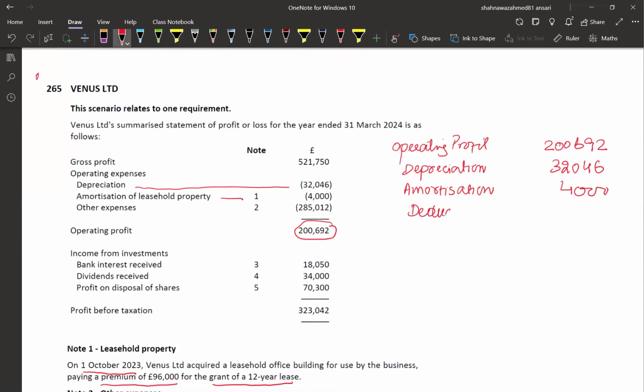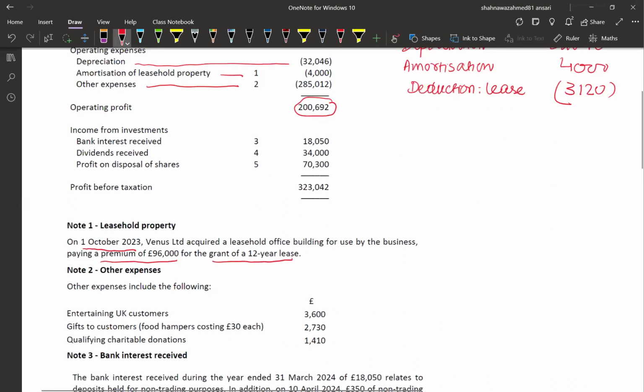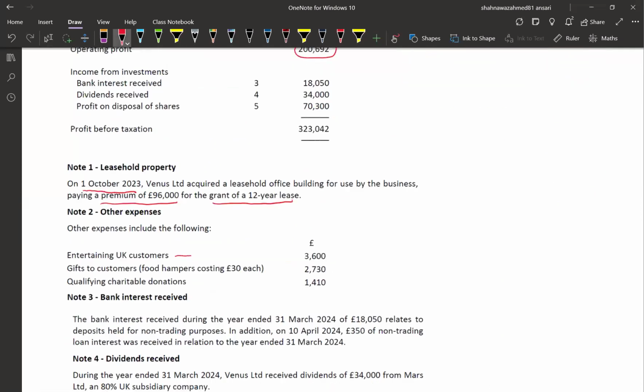So the deduction against the lease is 3,120. As far as other expenses are concerned, they include UK entertaining of customers, which is a disallowed expense. The gift to customers of food hampers is again a disallowed expense. The qualifying charitable donation is again disallowed, because we have to deduct this QCD from the main pro forma.